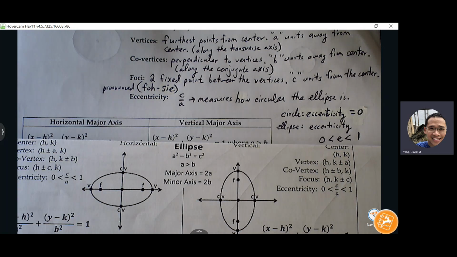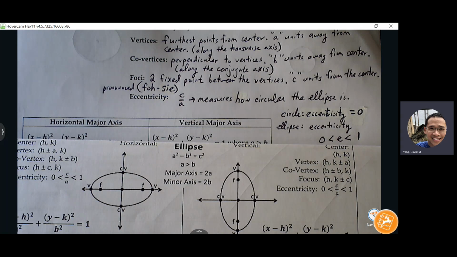All right, and also we have something called eccentricity. Eccentricity is your C value divided by your A value. It measures how circular your ellipse is. So the more circular your ellipse is, the closer your eccentricity is to 0. For instance, a circle is perfectly circular, so eccentricity is going to be 0. And an ellipse is going to be somewhere between 0 and 1.